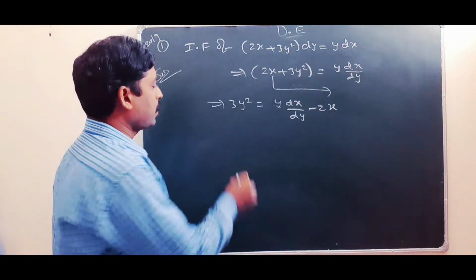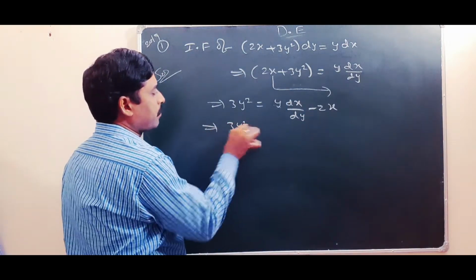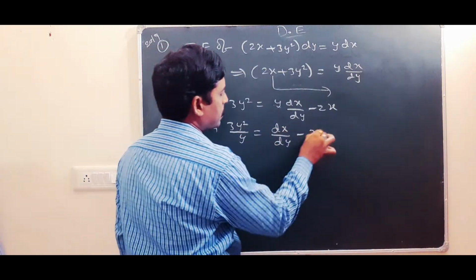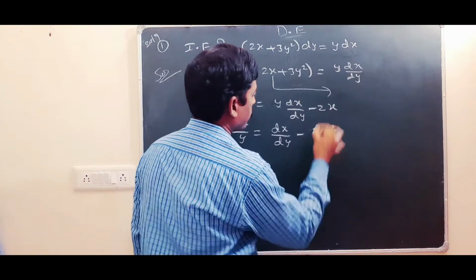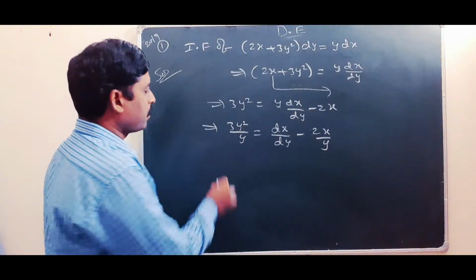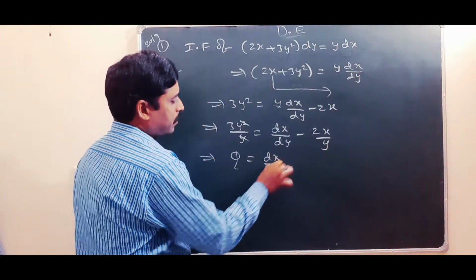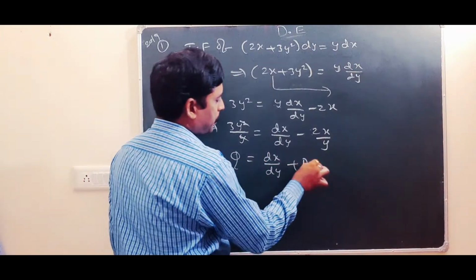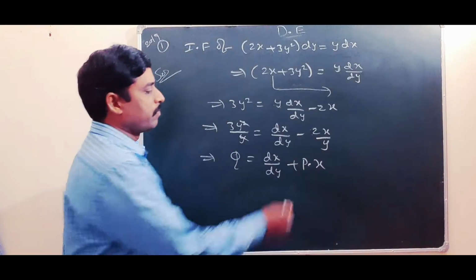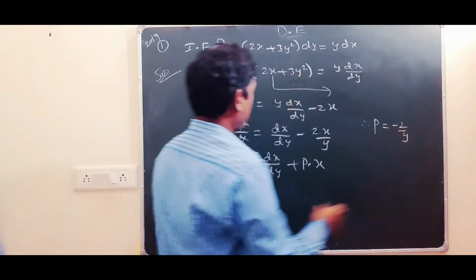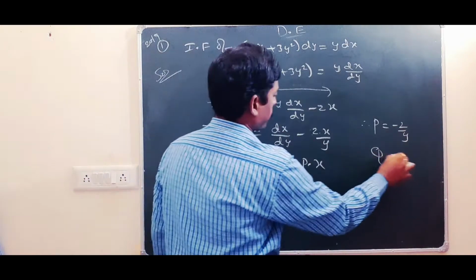Divide y on both sides. So 3y square by y equals dx by dy minus 2x by y. One y gets cancelled. This is in the form of q is equal to dx by dy plus p into x, where p is equal to minus 2 by y and q is equal to 3y.